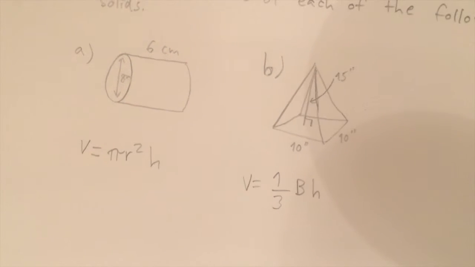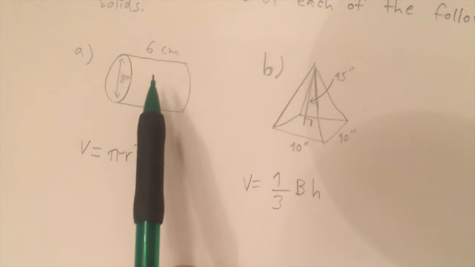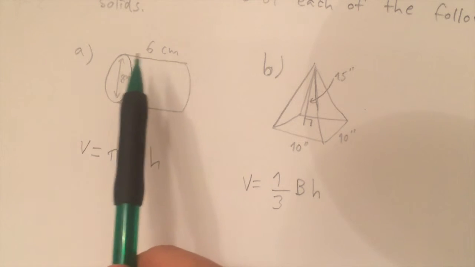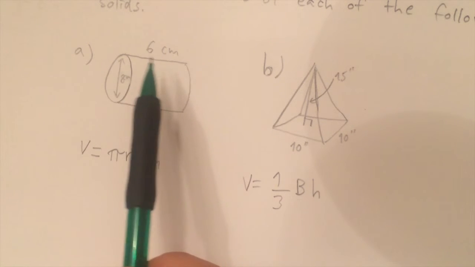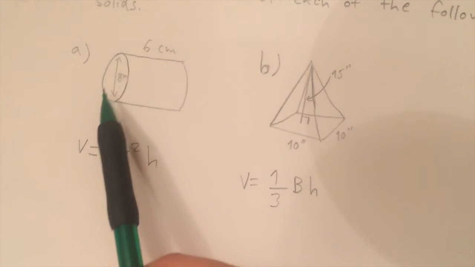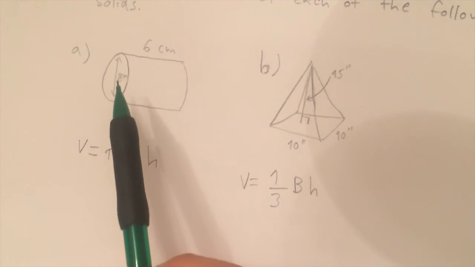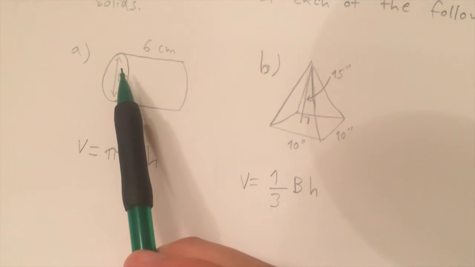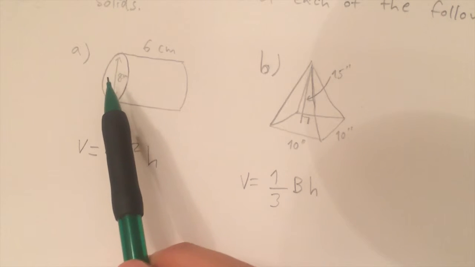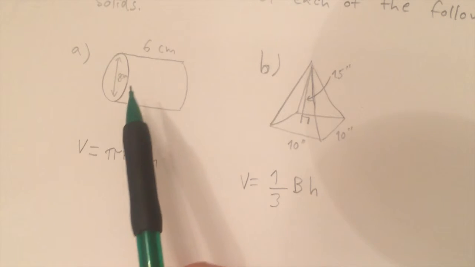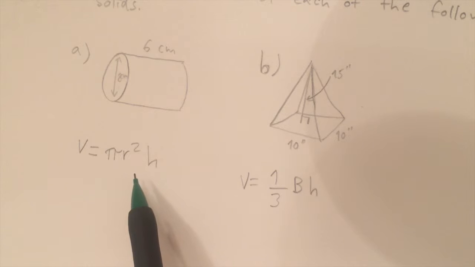So let's start with the cylinder. We know that the height is 6 centimeters, which you can see right here, and the diameter is 8 centimeters right here. So if you cut the diameter in half, you get the radius, and you can plug those numbers into the formula.